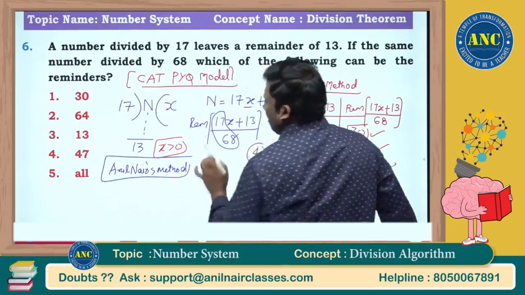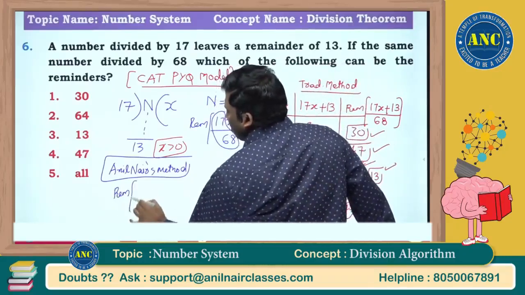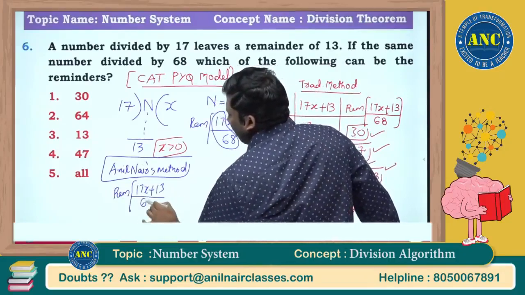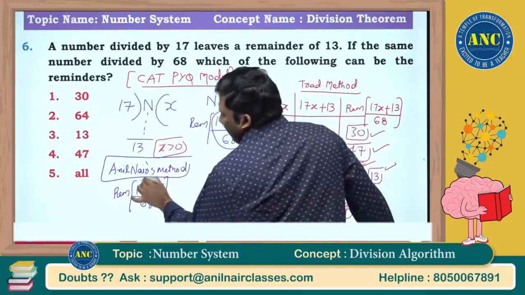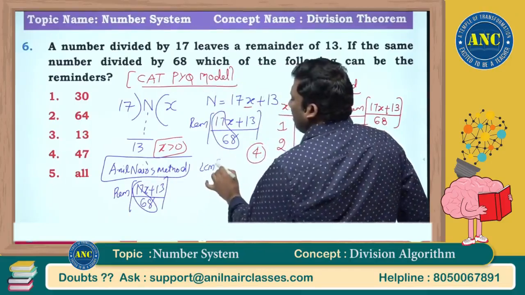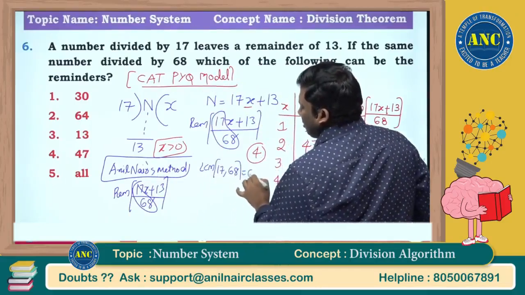The question is the remainder of 17x plus 13 divided by 68. So take the LCM of 17 and 68, which is 68.